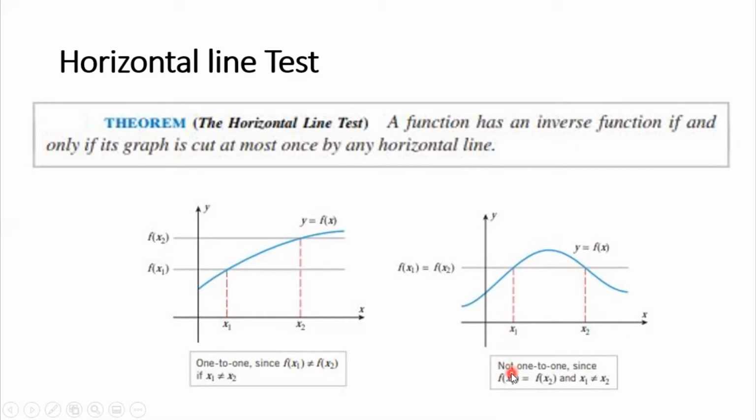Therefore, it's not a one-to-one function, and thus this function doesn't have an inverse. Again, using the horizontal line test, this horizontal line intersects two points on the graph, so it violates the theorem of the horizontal line test.